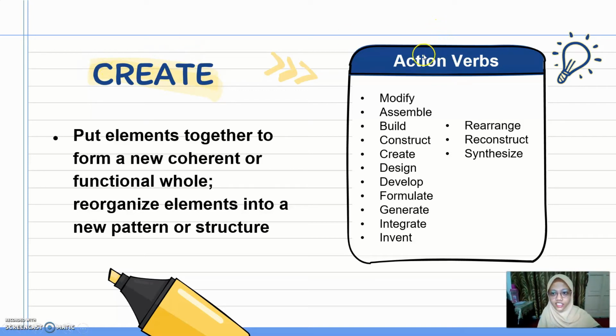These are the action verbs under create level, which are modify, assemble, build, construct, create, design, develop, formulate, generate, integrate, invent, rearrange, reconstruct, and synthesize.